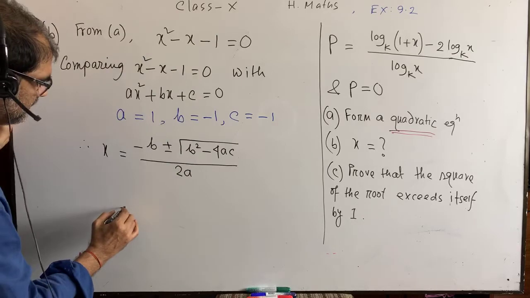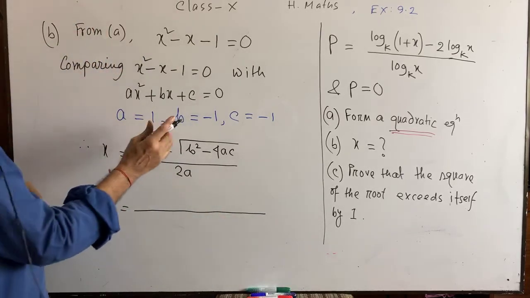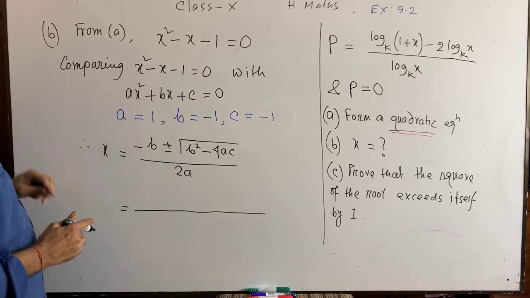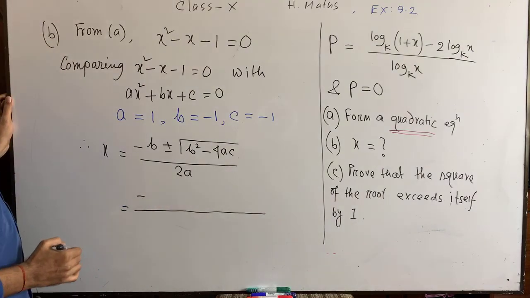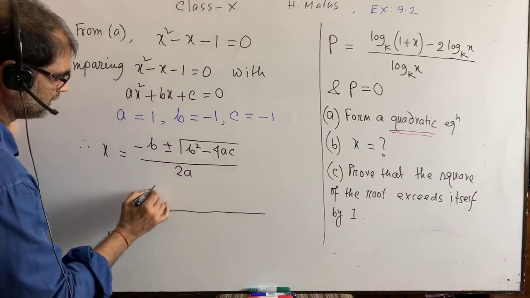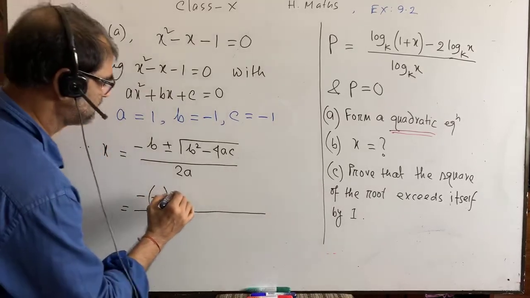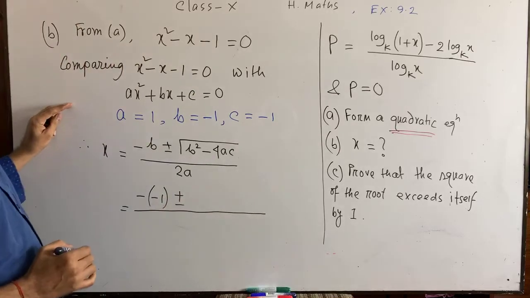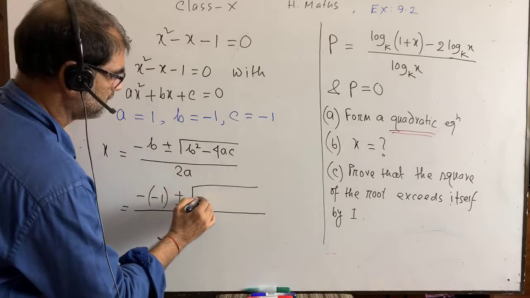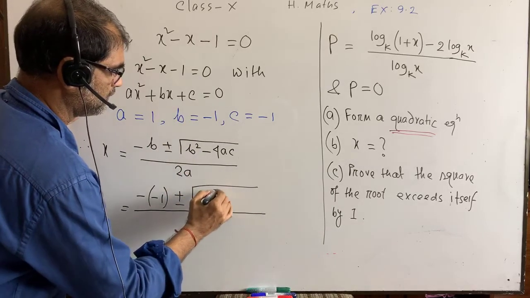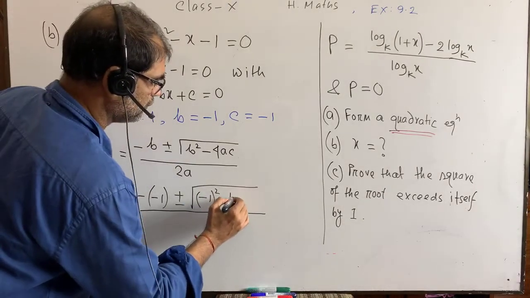You see, what is the value of b? B is here minus 1. So we can write here minus b equals to minus 1 times minus 1. Then plus minus root over b square, b means minus 1, minus 4ac.